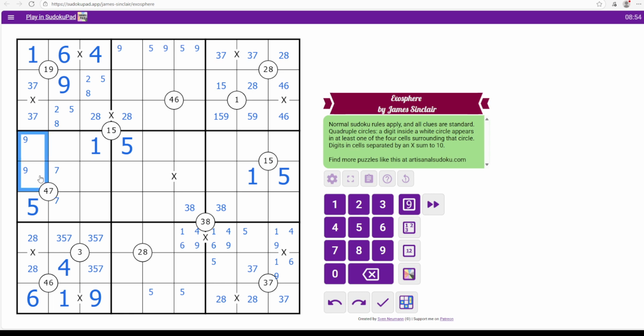So that makes this a 4, 9 pair, of which the 4 has to go there. Okay. So we know that there is a guaranteed 4 on this line, which makes that not a 4, which makes that not a 6.